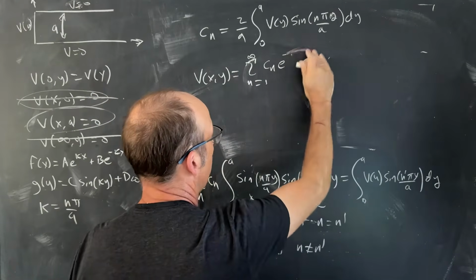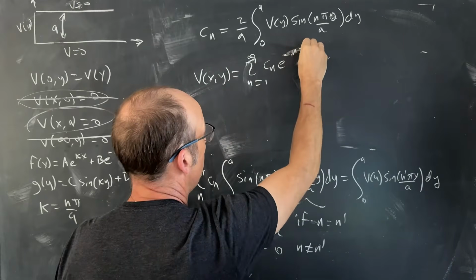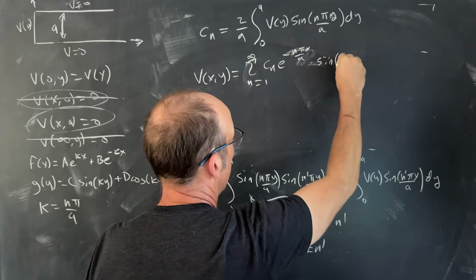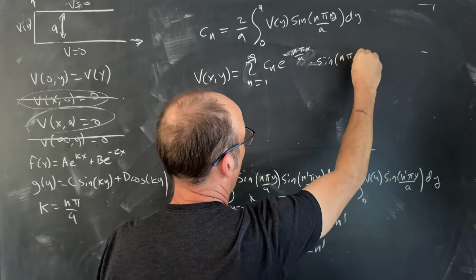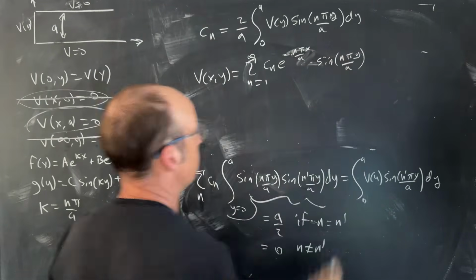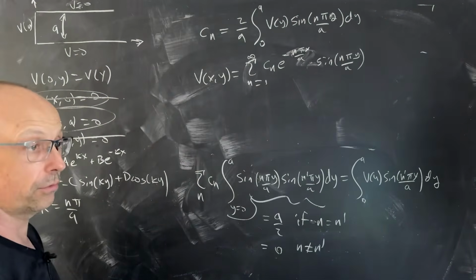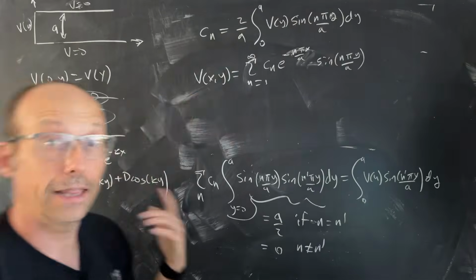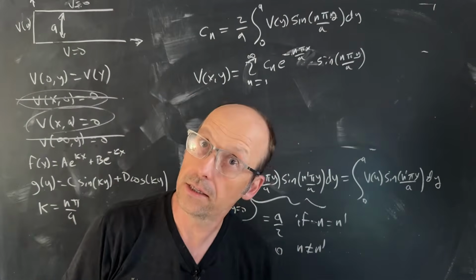I'll write it out the full way: e to the negative n pi x over a sine of n pi y over a. That's my full solution. But I have to find all the values of Cn. And there's an infinite number of Cn's, so you can't do it.